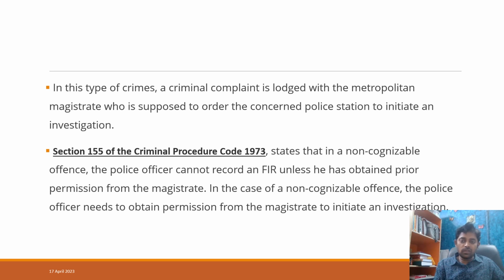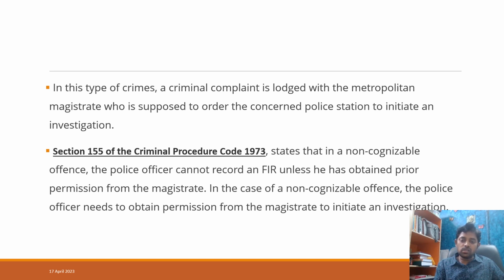In this type of crime, a criminal complaint is lodged with the Metropolitan Magistrate, who is supposed to order the concerned police station to initiate an investigation. Section 155 of CrPC states that in a non-cognizable offence, the police officer cannot record an FIR unless he has obtained prior permission from the magistrate.